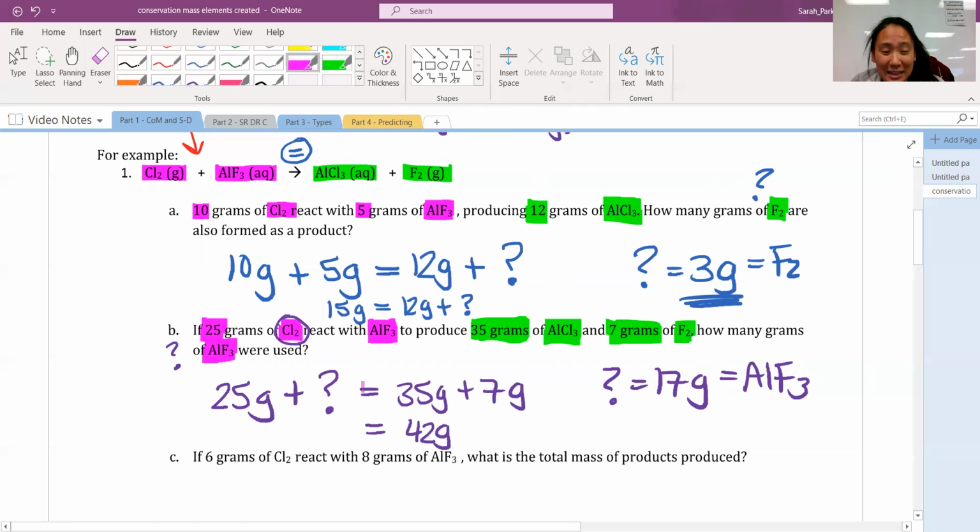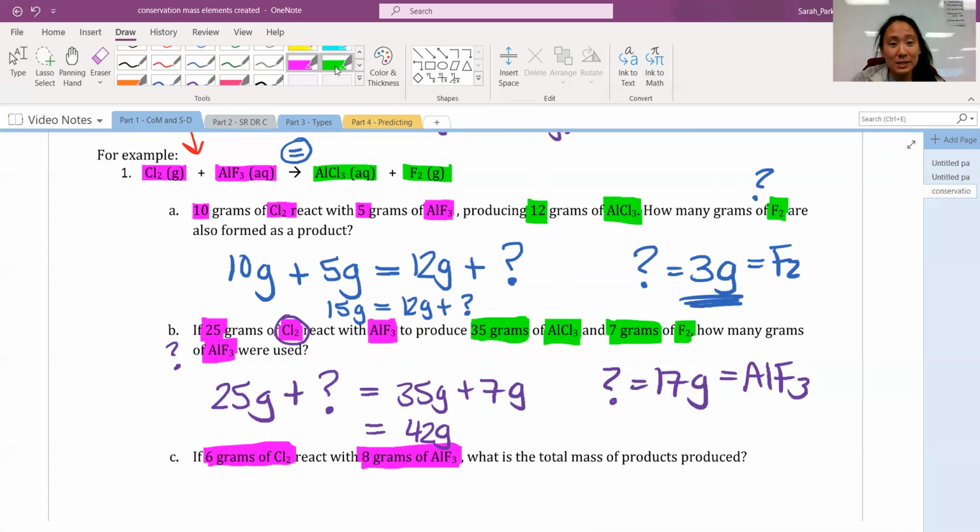Okay, so one last type of example here. It says if 6 grams of chlorine, so this is our reactant, reacts with 8 grams of aluminum fluoride, what is the total products, so already combined, that was produced?